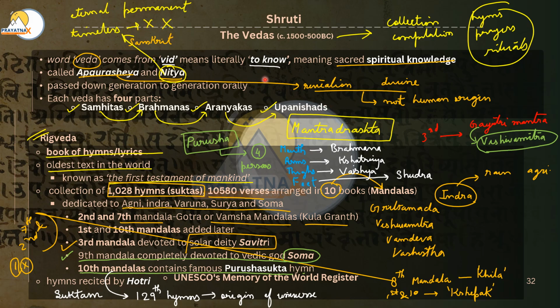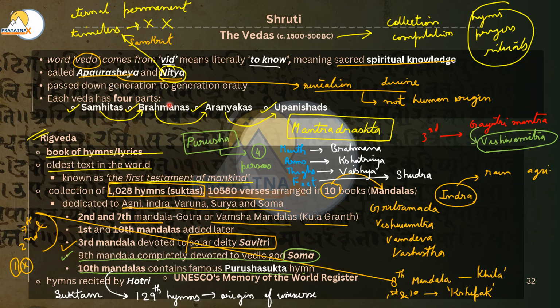Now, the rishis to whom these books were ascribed were known as Mantra Drashta. They received the hymns directly from the gods. The Vedas have 4 parts: Samhitas, Brahmanas, Aranyakas, and Upanishads. Like I already said, Samhitas are the basic Vedic text which includes the hymns and prayers to praise the god.